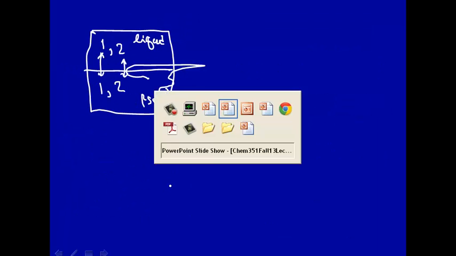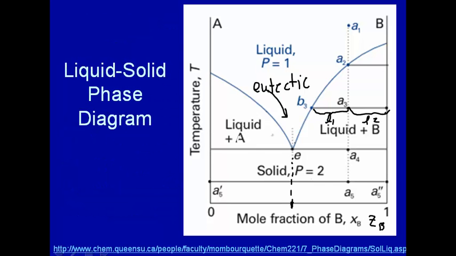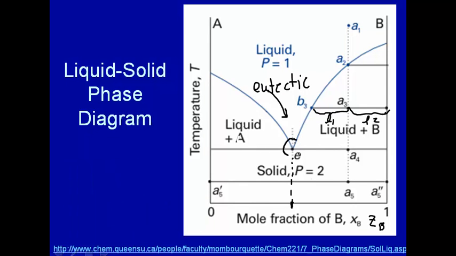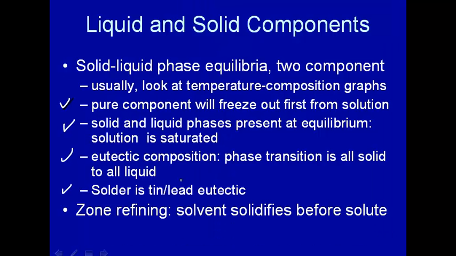Interesting. And for this particular phase diagram, the eutectic mixture melts at a lower temperature than either pure A or pure B. So solder then melts at a lower temperature than tin or lead by itself.